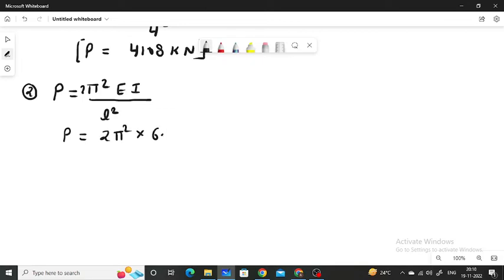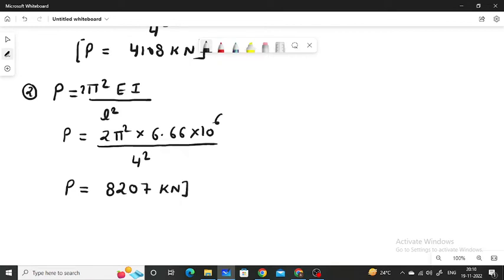Flexural rigidity is 6.66 into 10 to the power 6 divided by 4 to the power 2. P is equal to 8207 kilonewtons.